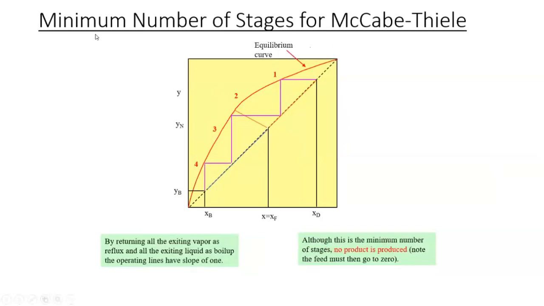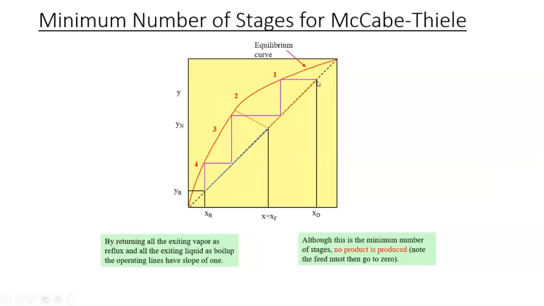Similarly, for determining the minimum number of stages by the McCabe method, this is the other extreme, total reflux. If we gradually increase the reflux ratio, ultimately the operating line will move towards the diagonal line and coincide with it. So all the operating lines, the stripping line and the rectifying operating line, will be merging with the diagonal line.